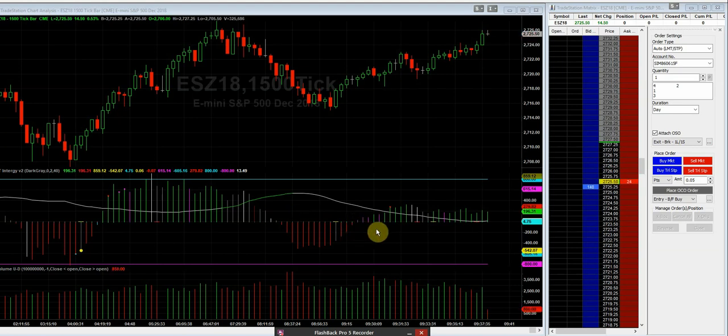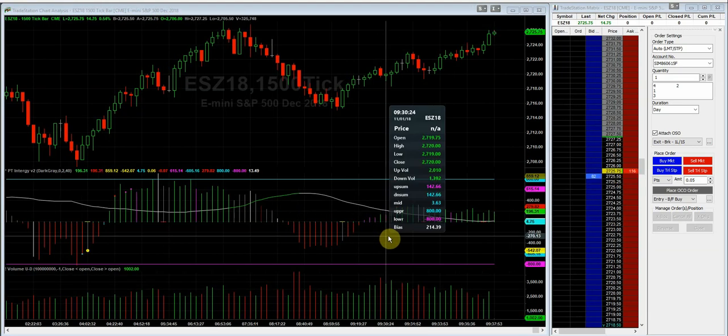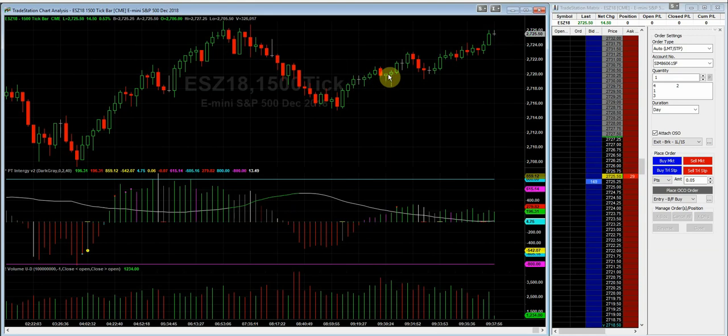We're at 9:30. 9:30 started right in this area right here, so that's where we're starting from, and we're just watching the proxy for volume, which is the effort oscillator, and it's still to the demand side.